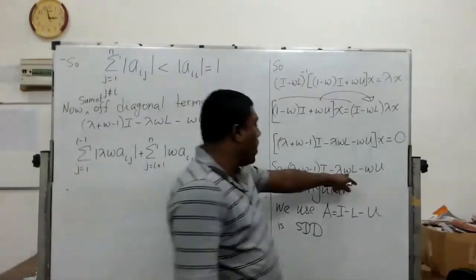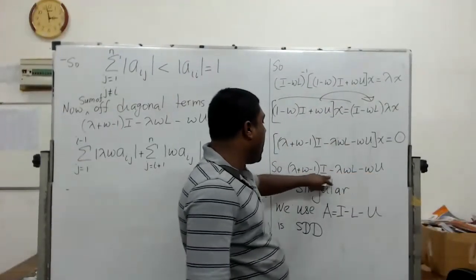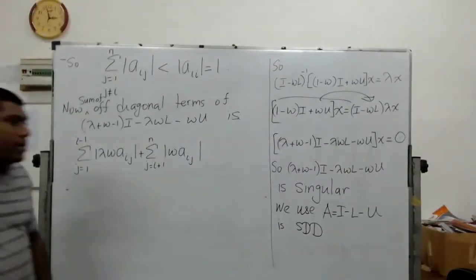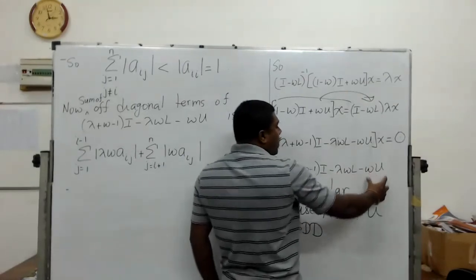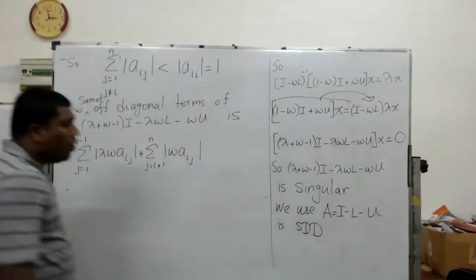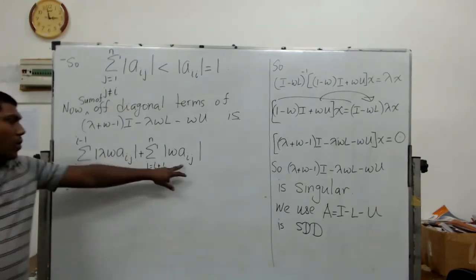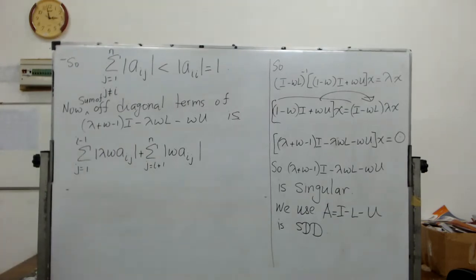Only this gives you the diagonal terms in this matrix. So if you want to take off diagonal terms coming from the lower triangular part and the upper triangular part, the lower triangular part, if you sum up in the ith row, is this. And for the ith row, the upper triangular part sum gives you that, right?